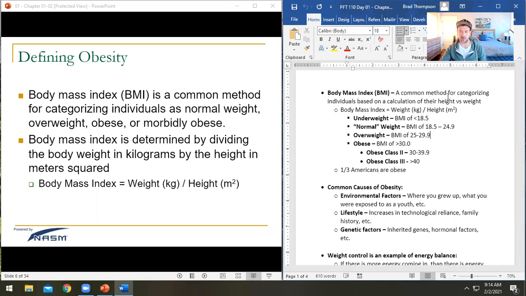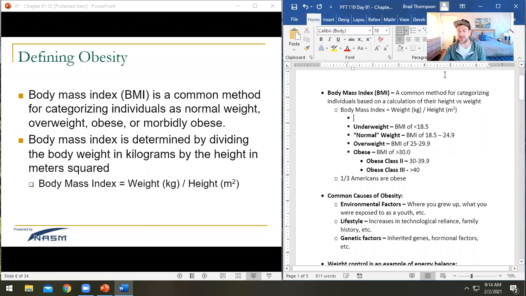Just for the sake of trivia, I'm going to put this up here and then immediately delete it. For anybody who isn't feeling like they want to convert and deal with the metric system, you could also do this version. It is your weight in pounds divided by your height in inches squared. I got to do the little superscript thing here.